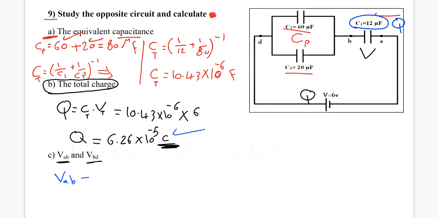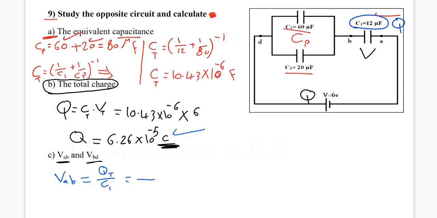So to find the VAB, we know the formula is going to be Q over C. Which Q, as we agreed, it's the Q total that we found before, and which C, it is C1, right?